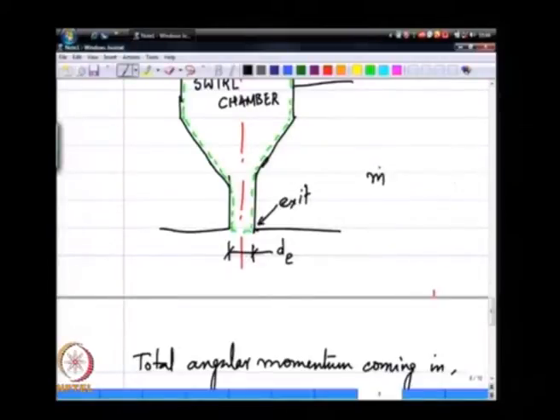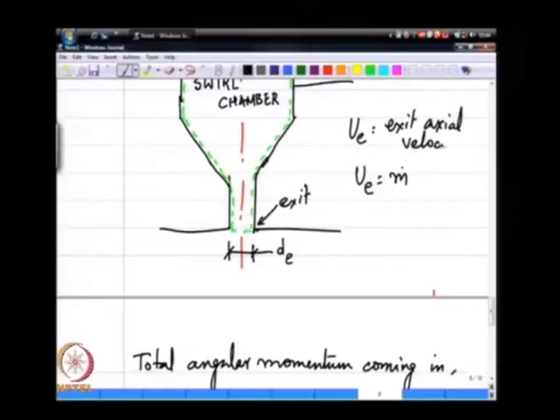So, if I look at the axial velocity, I will call this u at exit, this is m dot divided by rho A e.